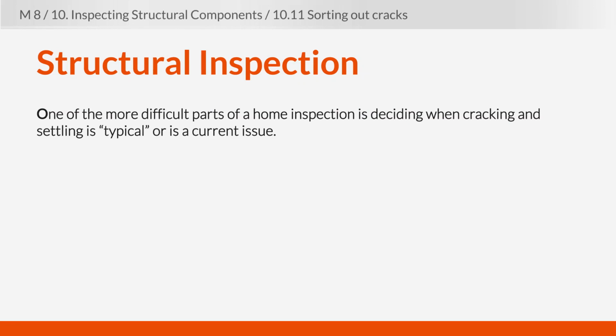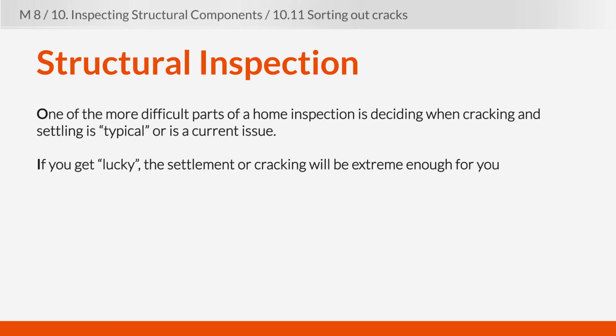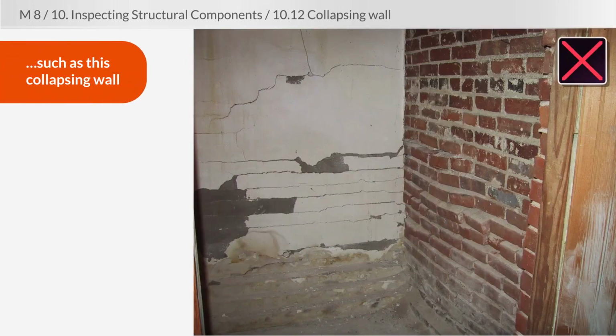If you get lucky, from a home inspector's point of view, the settlement or cracking will be extreme enough for you to easily decide to recommend further evaluation, such as something like this collapsing wall. Now, absolutely, this might have been like this for many years.